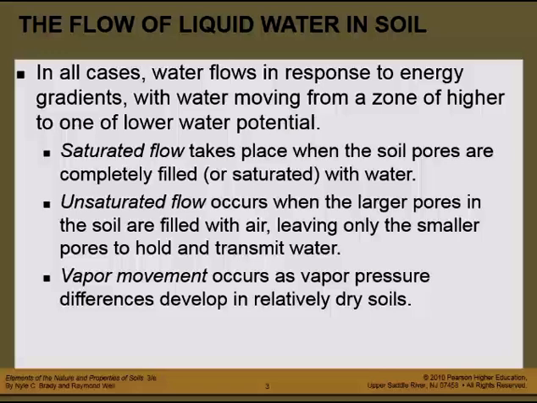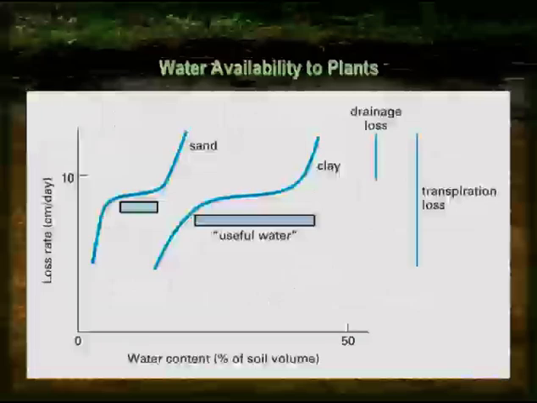Unsaturated flow occurs when the soil pores are filled with moisture but also with air, which leaves only the smaller pores to hold and transmit water. There's also vapor movement, which occurs as vapor pressure differences develop in dry soils. That's a more minor form of movement, but it is one of the terms we'll consider.